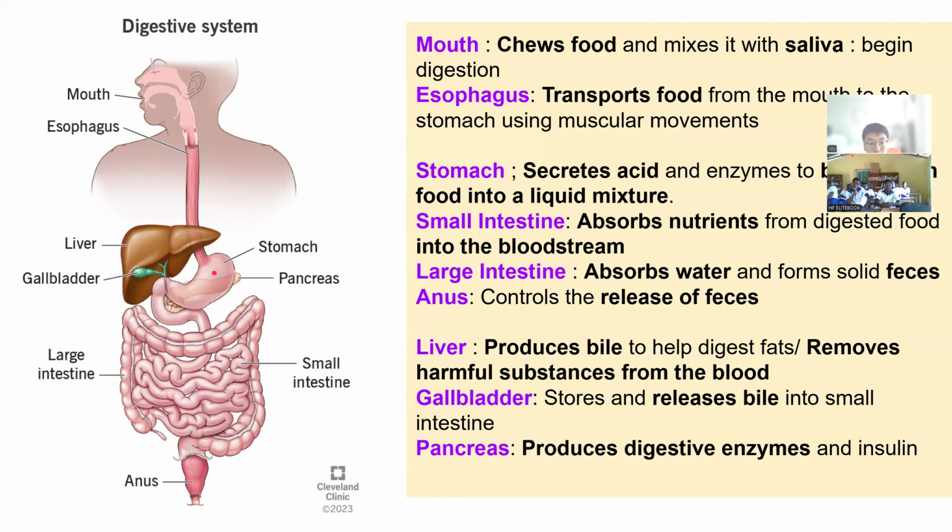From the stomach, it goes into our small intestine, which is all these wiggly parts. All of this is small intestine. And after the small intestine, it moves into the large intestine, which is the larger part. After it goes through the large intestine, it is expelled through the anus.